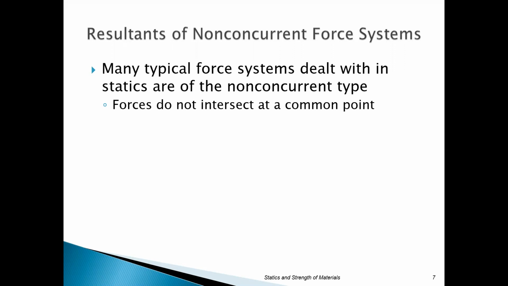But what you have is not everything is going to come through at the same point. And so really, if you think about structures and that kind of stuff, a lot of structures are going to be of the non-concurrent type when you really get into it. So the forces don't all intersect at a common point. That's your big key deal with this.